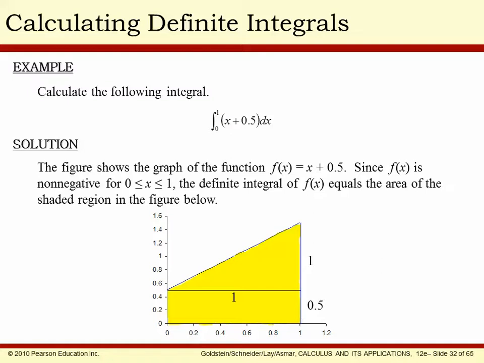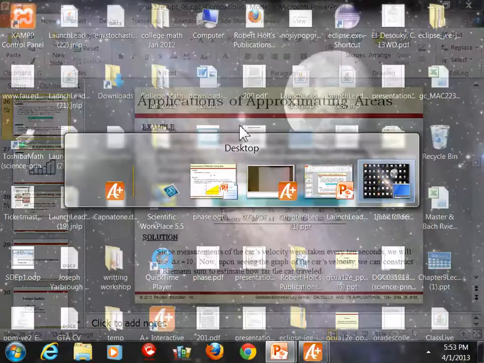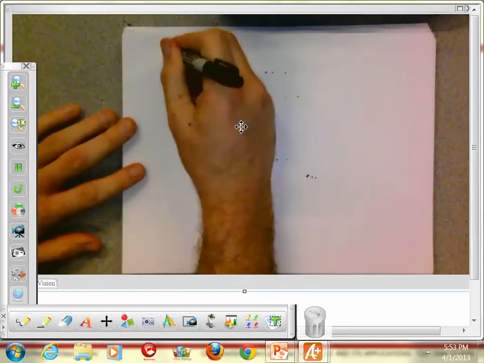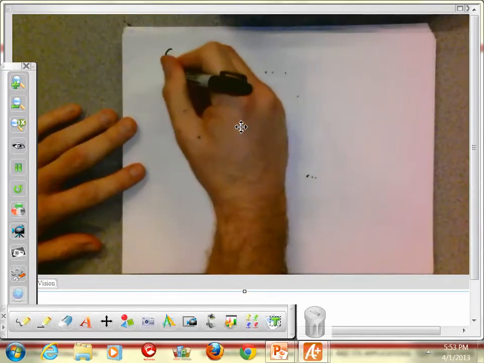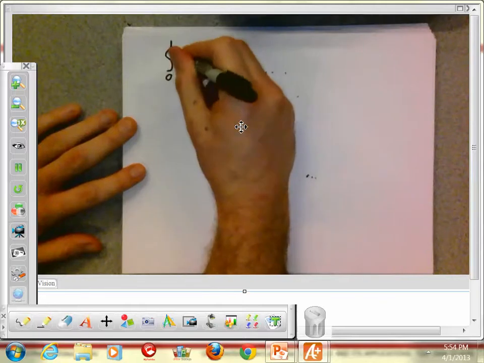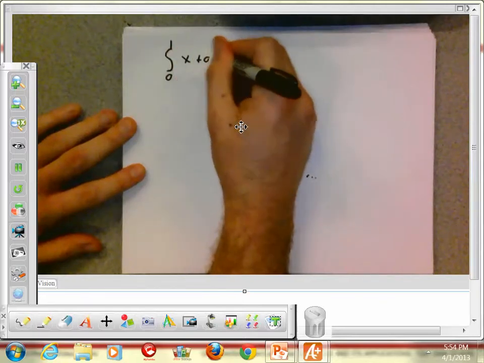So the basic way we're going to do that is we're going to start out by graphing it. So we have the integral from 0 to 1, which we define as a definite integral, of x plus 0.5 dx.